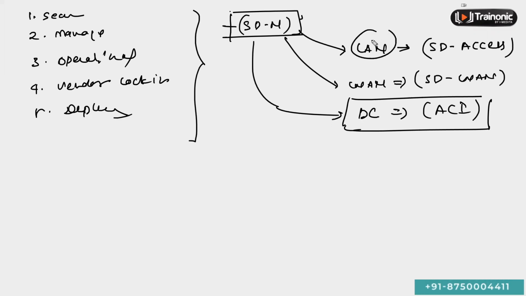This software-defined access and software-defined WAN they introduced in our enterprise campus area network, so that we can have a centralized point of control over LAN and WAN. It is going to address security related concerns, and allow us to manage all the devices from a centralized point of view. It is going to make the deployment of new devices very easy.